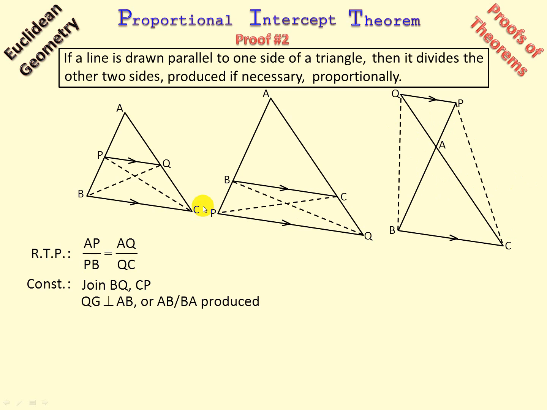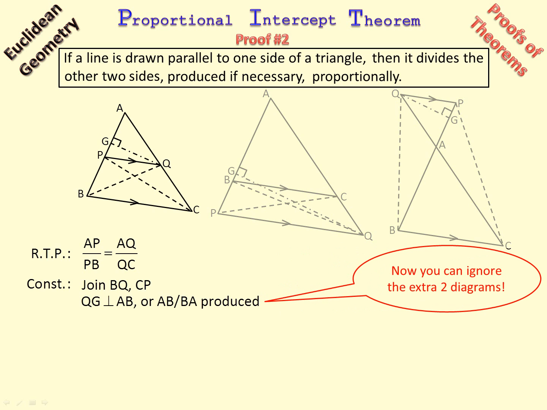We draw the perpendicular from there, so there it is. So we draw from Q to AB or AB produced, and Q to AB or AB produced. Have a look at that briefly and see that it's exactly the same thing in both. We're drawing a perpendicular from Q to the solid line.